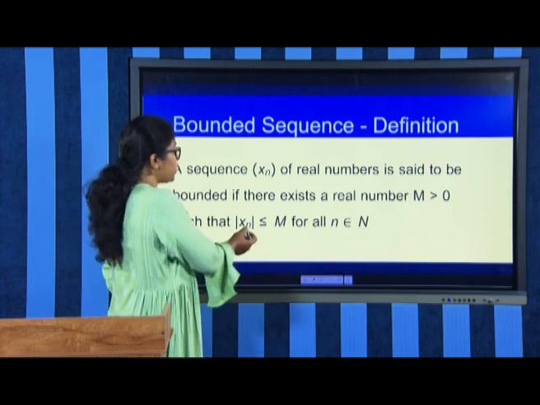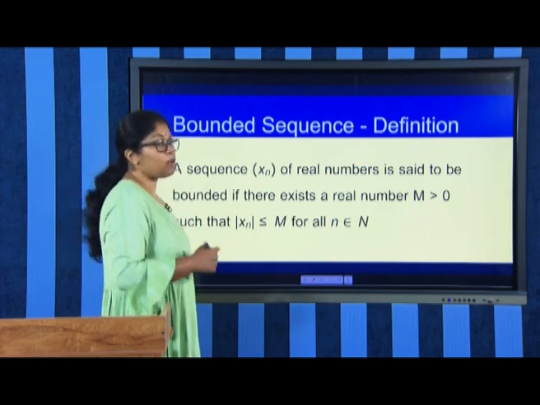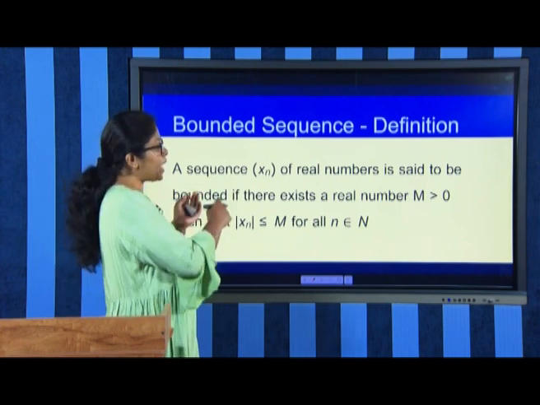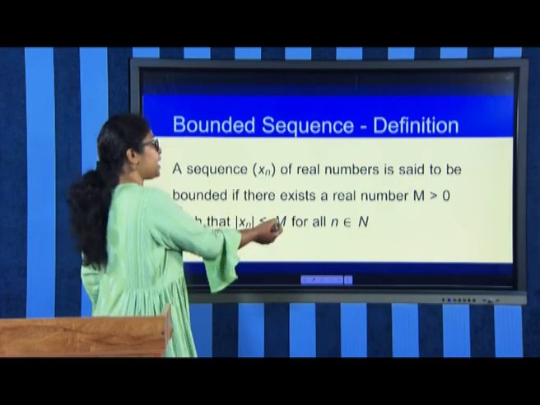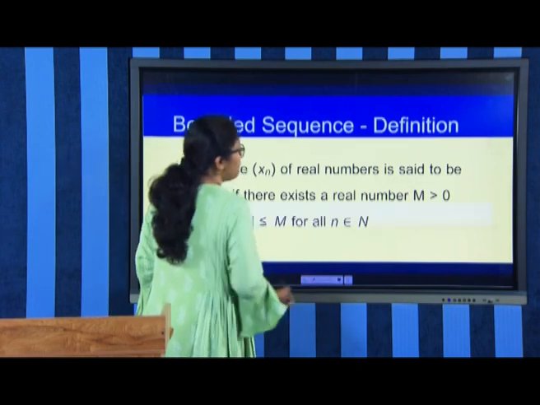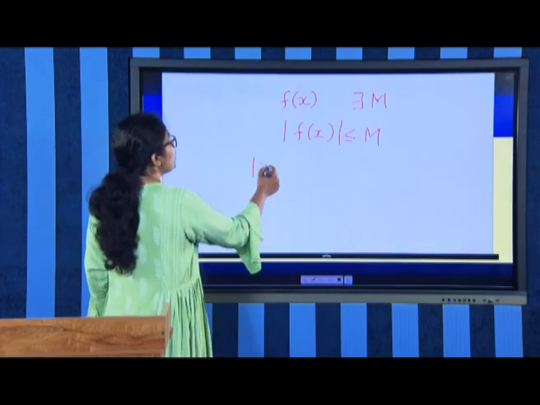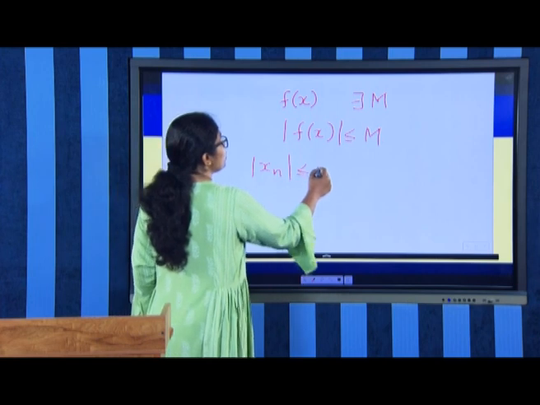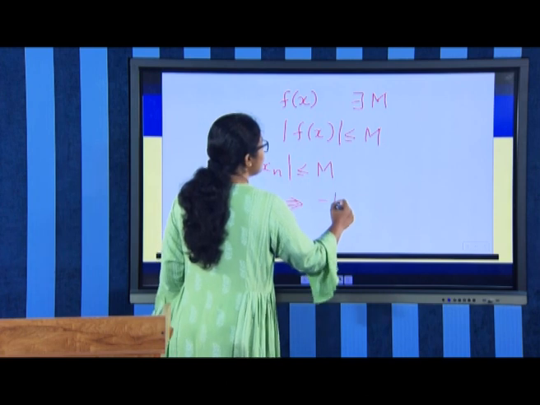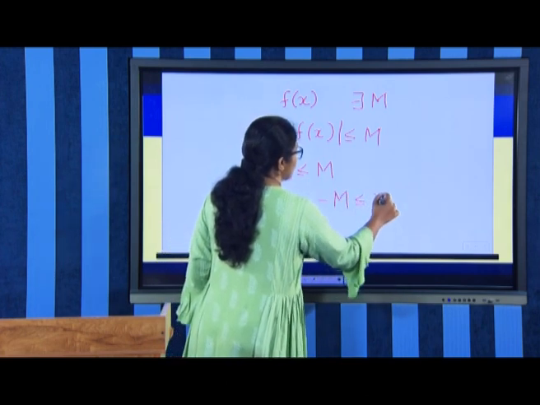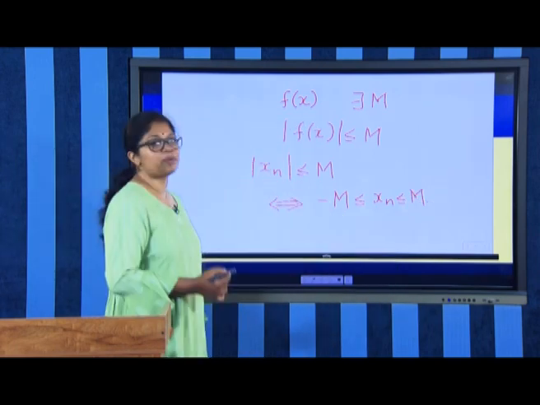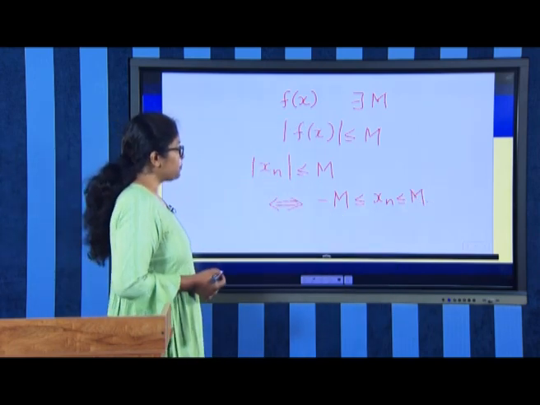So, we have modulus of xn less than or equal to M, or this sequence has a lower bound as well as an upper bound, namely negative M as the lower bound and capital M as the upper bound, because we know modulus of xn less than or equal to M is equivalent to writing minus M less than or equal to xn less than or equal to M. This was also seen in one of the previous classes.